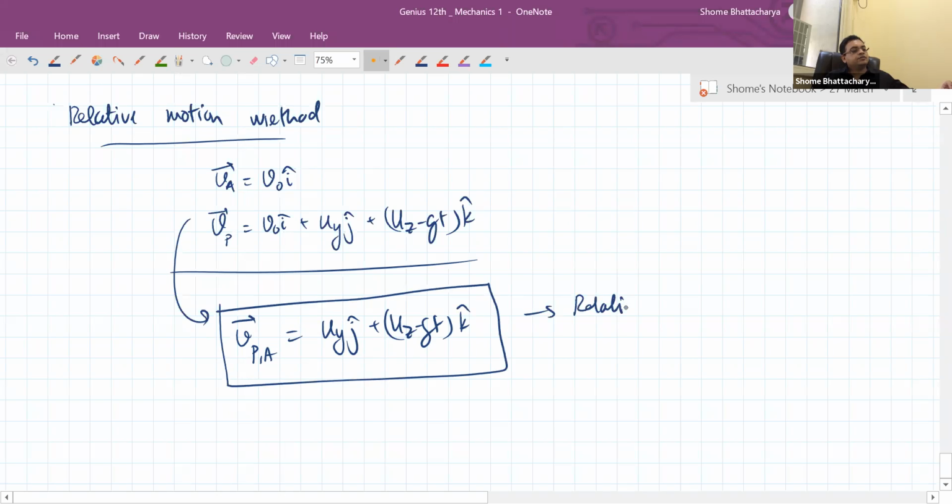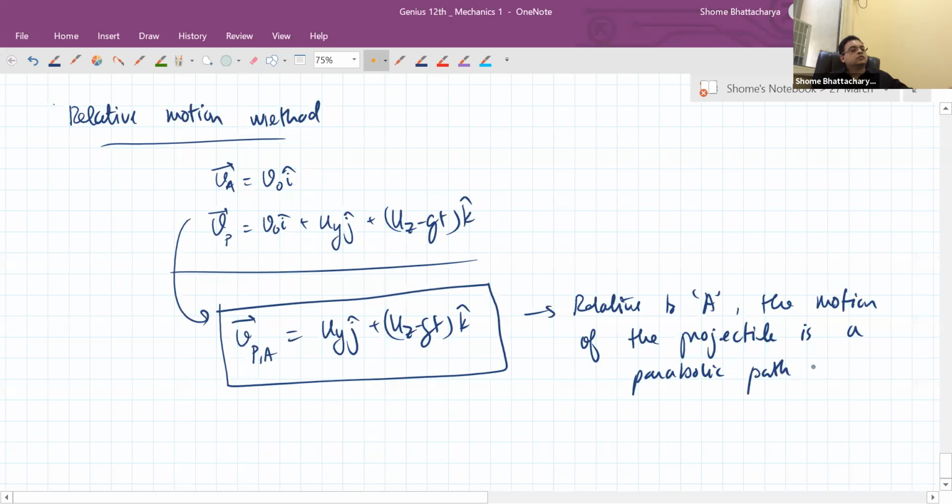So relative to A, the motion of the projectile is a parabolic path in the YZ plane. This kind of motion. Okay. Y component of displacement is uy t. Z component of displacement is uz t minus half gt square.